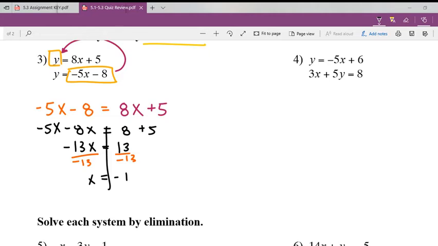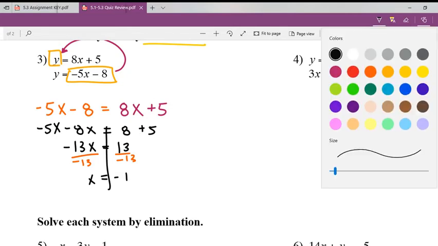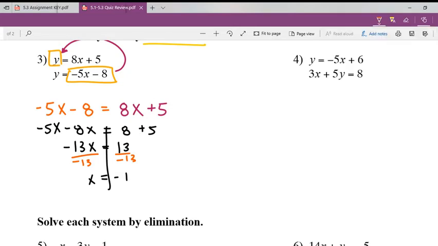So that's negative 1. Now that I know what x is, how do I use that to find y? This part's the same no matter what the problem is. Yeah, I know what x is, so I can go and substitute it in anywhere where I see x.